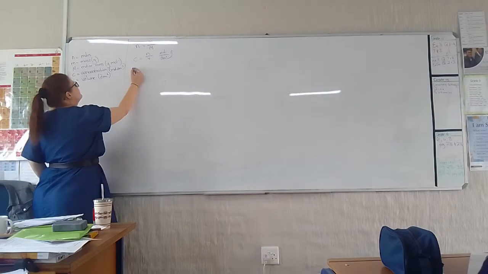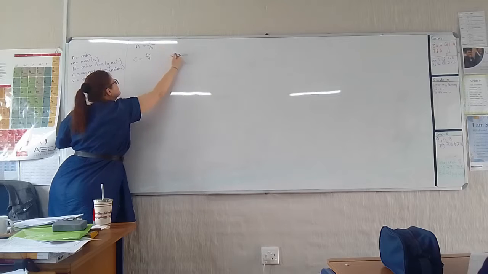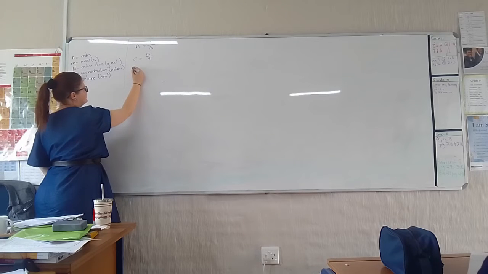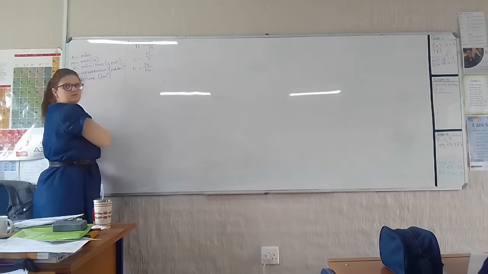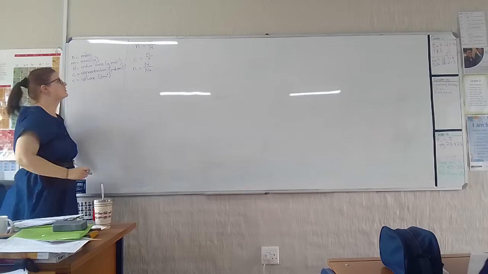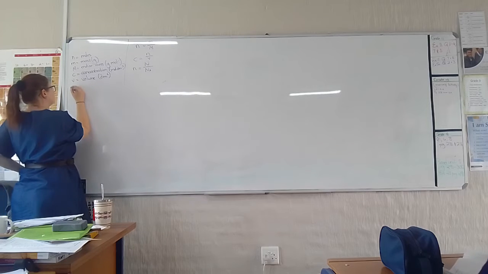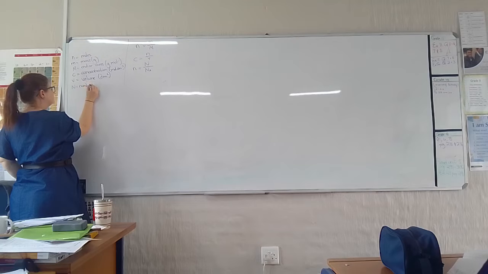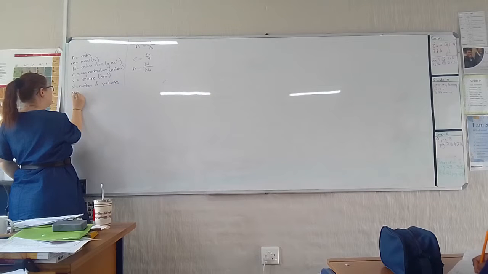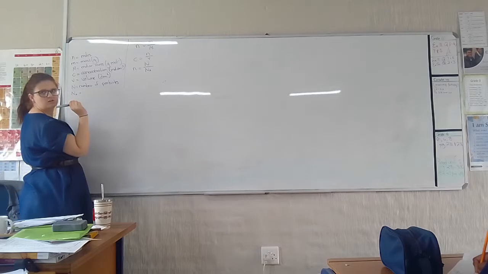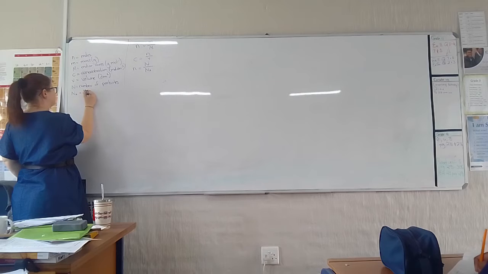Alright, next we have n is equal to N over NA. What is our big N? Number of particles. And NA is our Avogadro's constant.